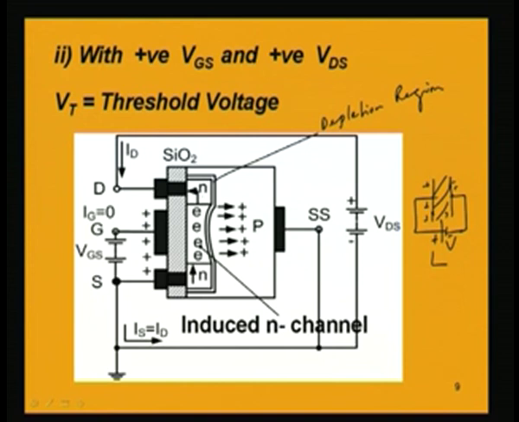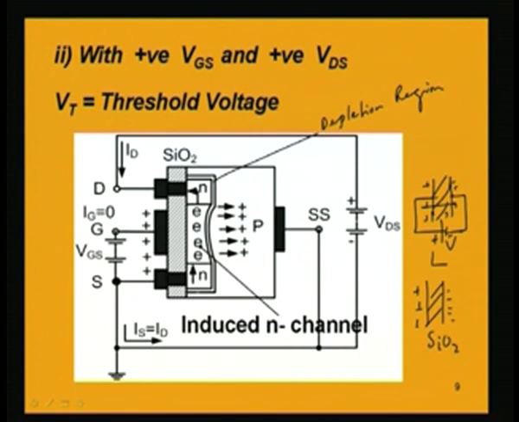So, on both sides of this silicon dioxide layer we have positive and negative charges. So, it has the effect of a parallel plate capacitor, and there will be a vertical field present.